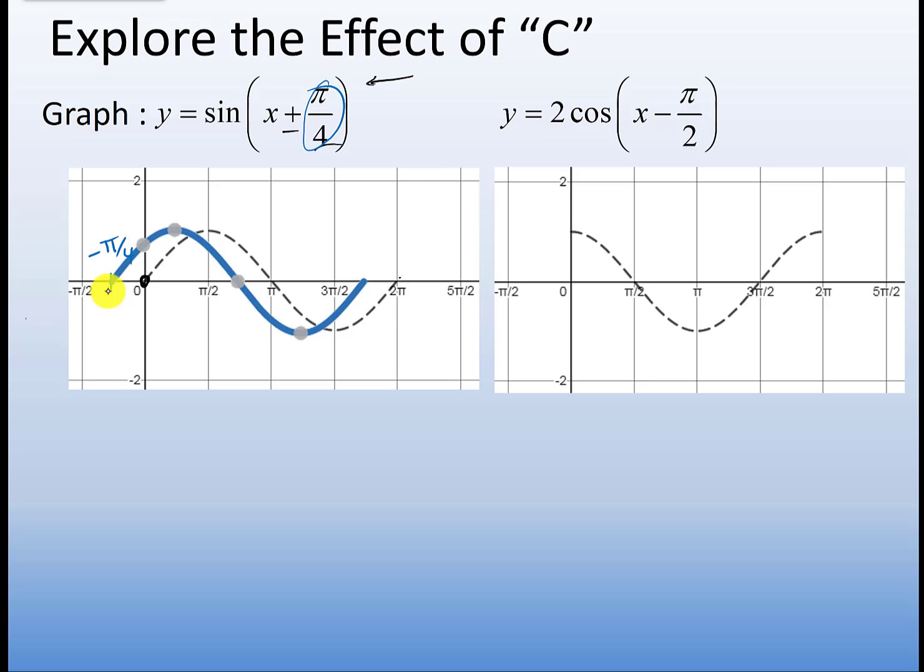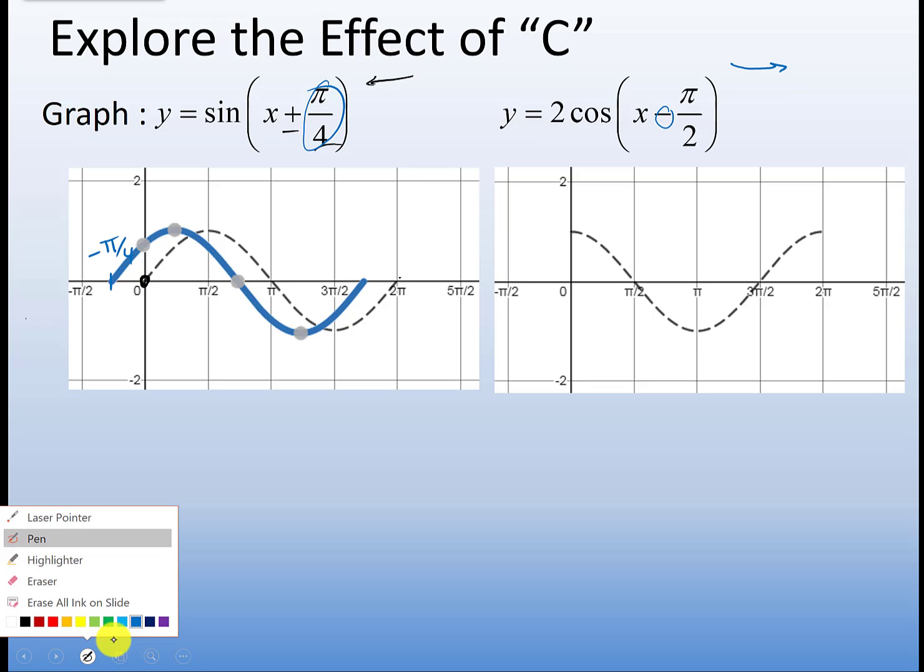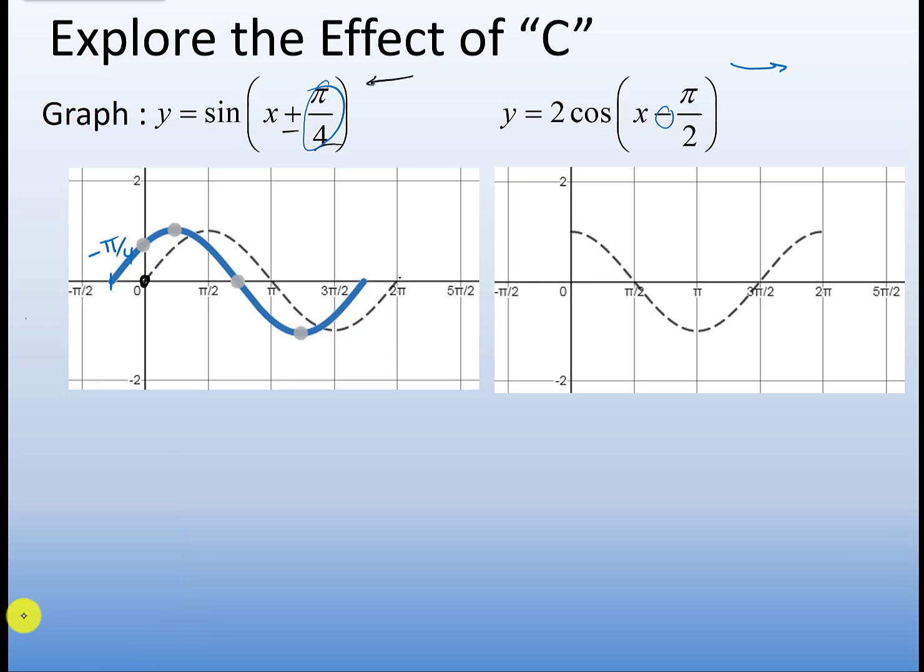And then on the next problem, we have a minus pi halves, and when we think about horizontal shifts, oh yeah, that's going to go to the right side. So a lot of people are predicting that this graph is going to move to the right. The whole graph moves, but it's nice to look at one point. If we can track one point, then the whole graph is going to follow.